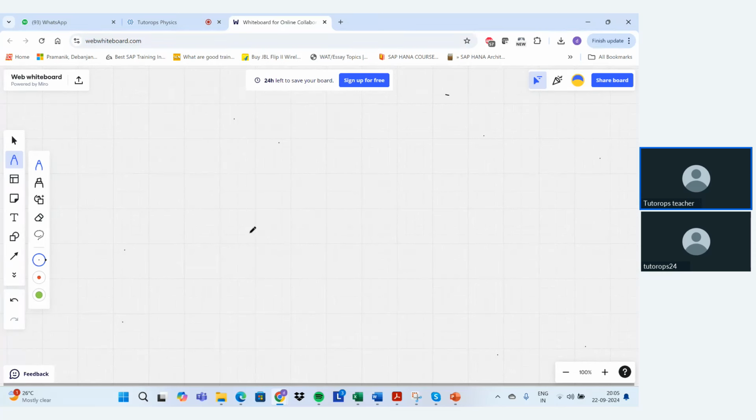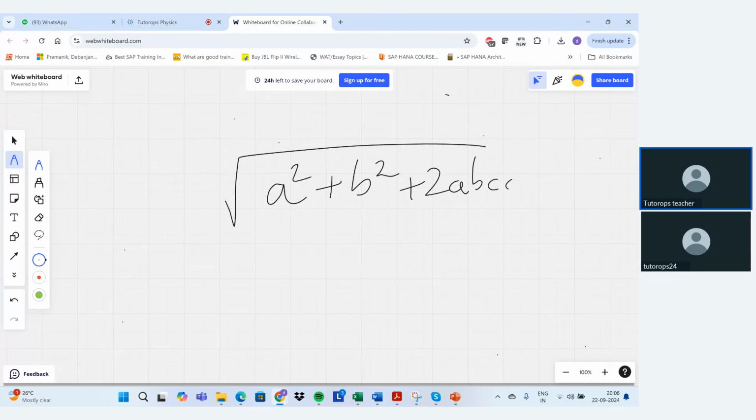For example, the resultant vector has a simple formula: root over a square plus b square plus 2ab cos theta. I think many people already know it. But the way I like is, you should know where this is coming from, right?